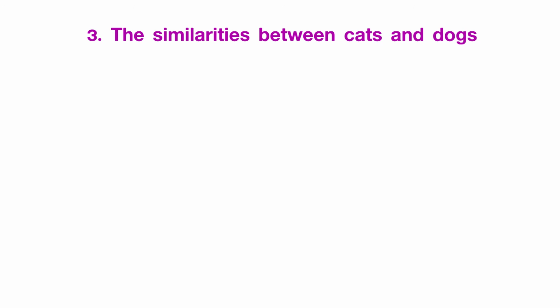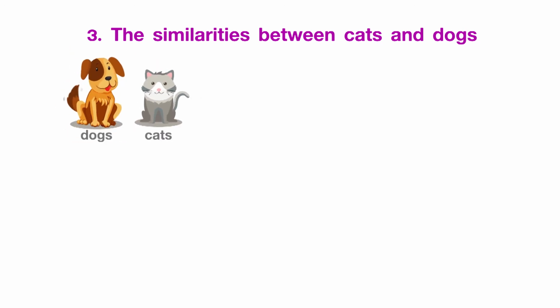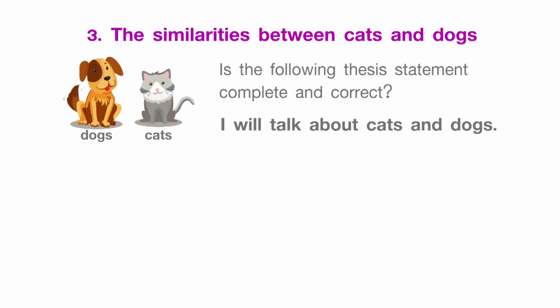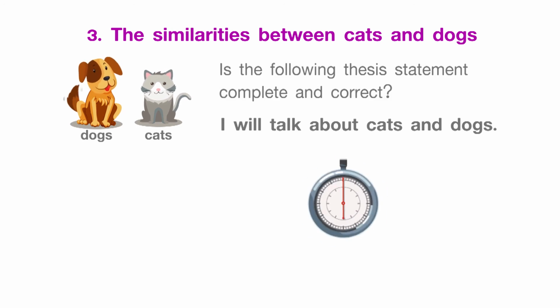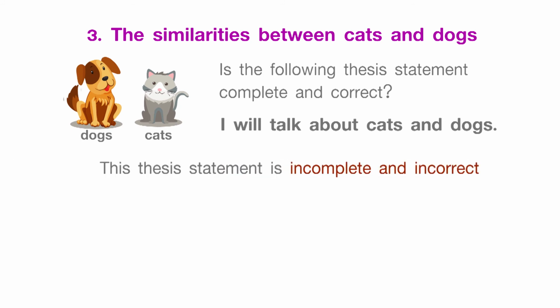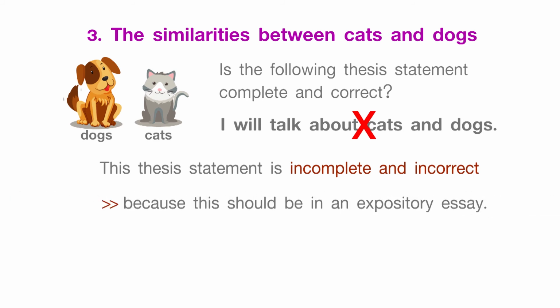Third topic, the similarities between cats and dogs. Tell me, is the following thesis statement complete and correct? I will talk about cats and dogs. This thesis statement is incomplete and incorrect for this topic because we talk about something the way it is in an expository essay.